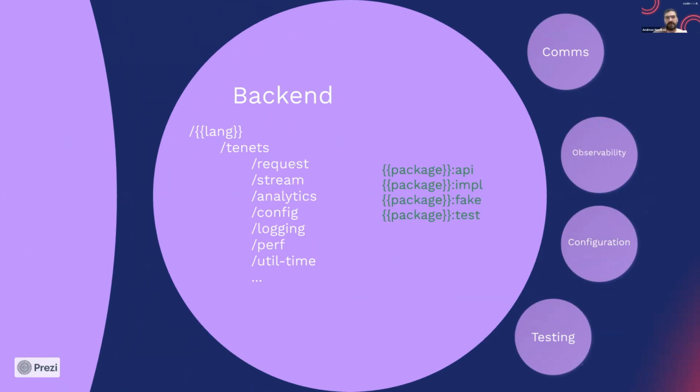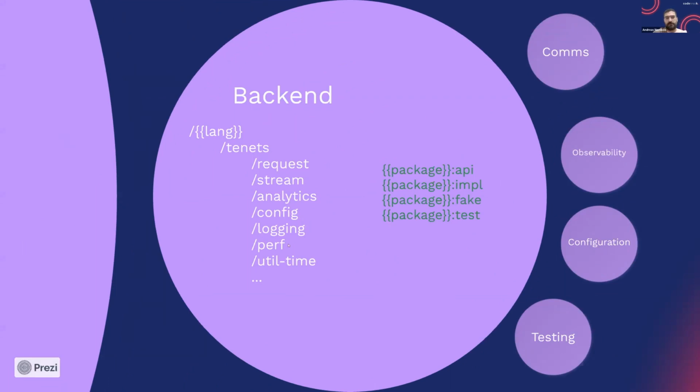So a request library might allow you to do a network request, right? The stream library might allow you to register to a Kafka stream. An analytics library will allow your code to register analytics to your analytics pipeline.